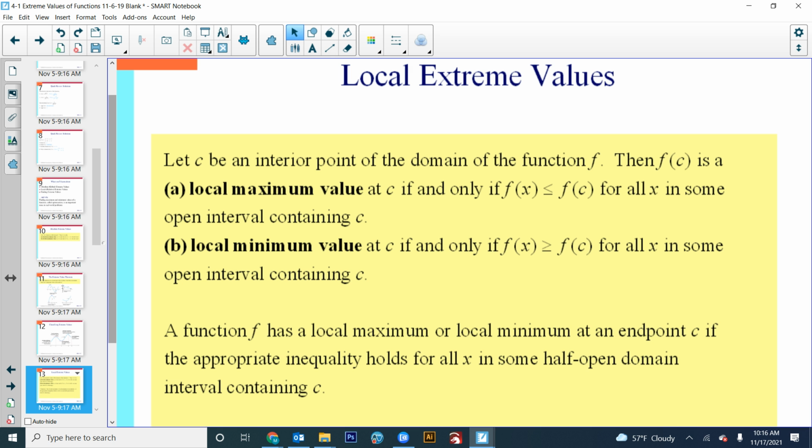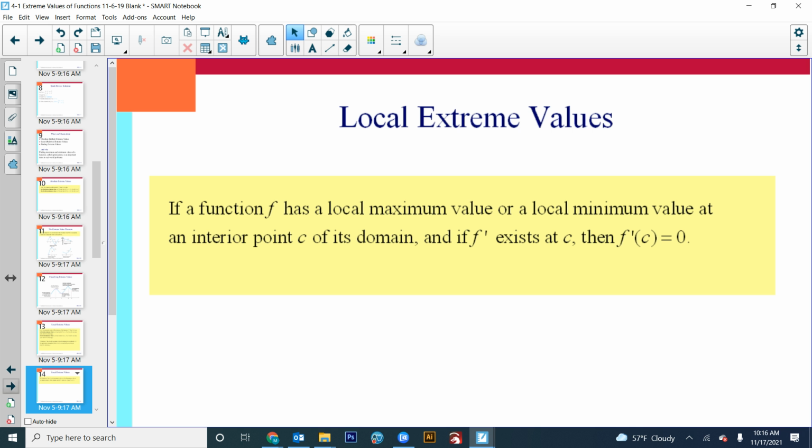Local max, what's a local max? It's greater than, or equal to, the other ones around it.